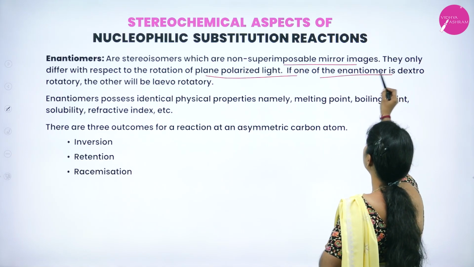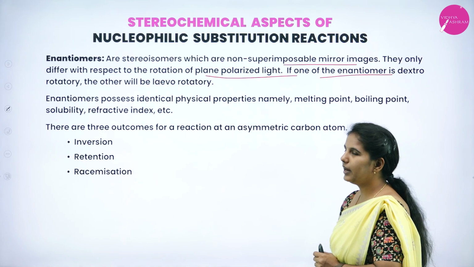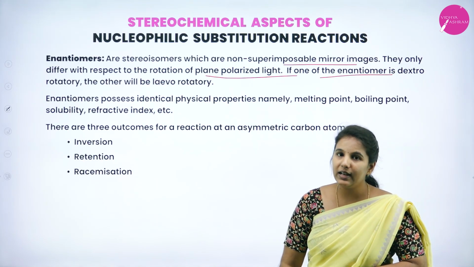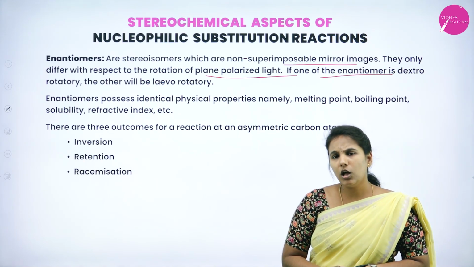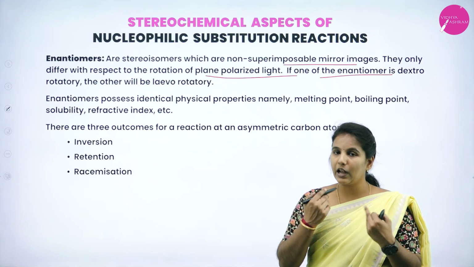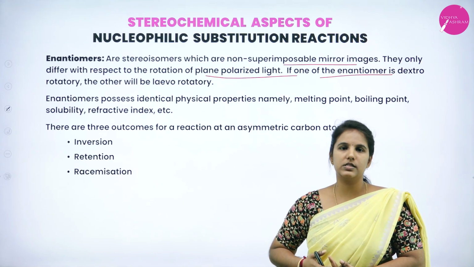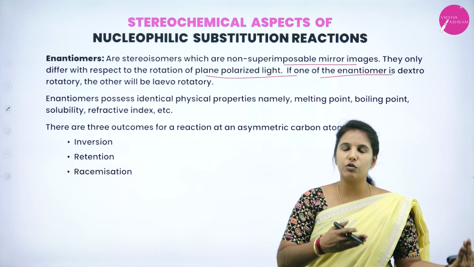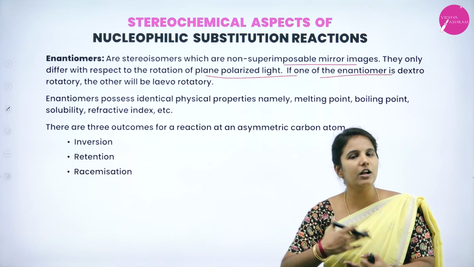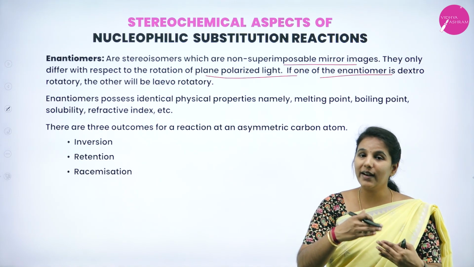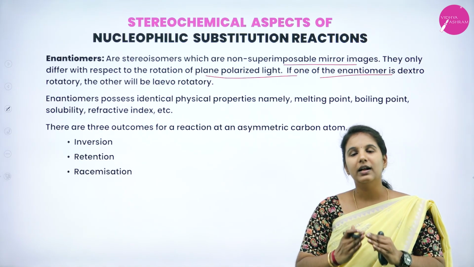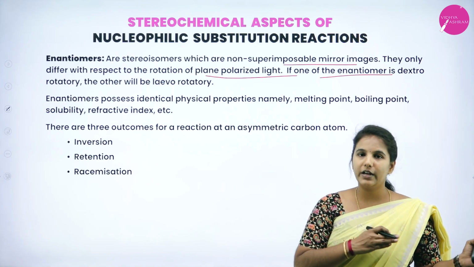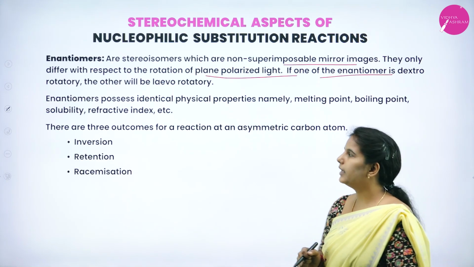If one of the enantiomers is dextrorotatory, the other will be levorotatory. Remember, enantiomers are also stereoisomers and they are non-superimposable. One rotates the plane polarized light in a clockwise direction, the other in an anti-clockwise direction, thereby exhibiting dextrorotatory and levorotatory behavior.